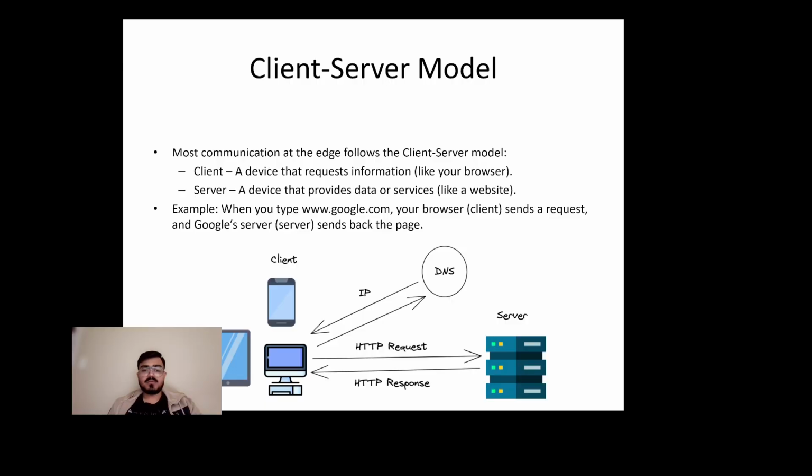For example, when you search "weather today" on Google, your browser acts as a client and sends a request to Google servers. The Google servers process that request and send back the weather results, and you see them in a second. This request and response pattern happens billions of times every second across the internet.